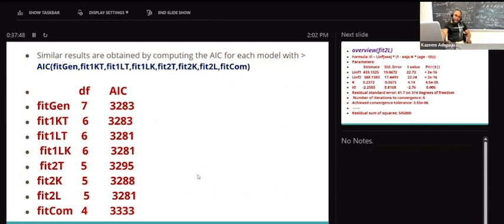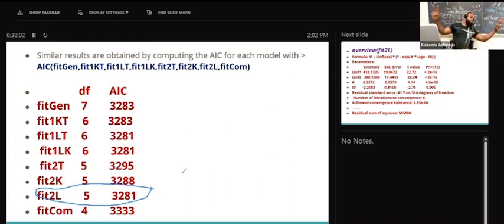The Phi2L is trying to say, I'm actually going to fit a model that has two common parameters. What are the two common parameters we're talking about?